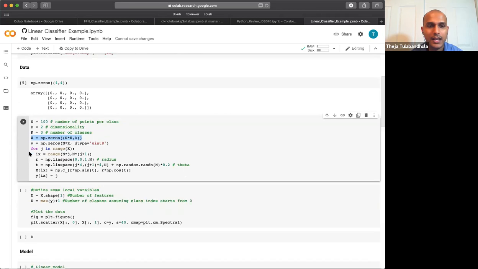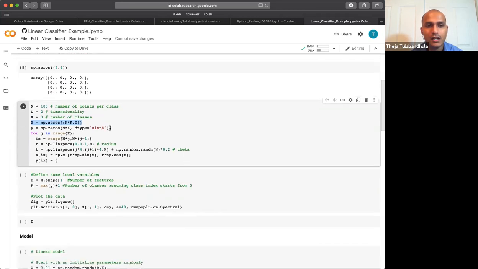I'm also creating an np.zeros now with a single argument, which is n times k, which is 300. I'm also explicitly specifying the data type, that it should be an integer. I can do a casting to an integer later, but if I say the data type is integer as an argument to this function, then it creates the zeros vector.